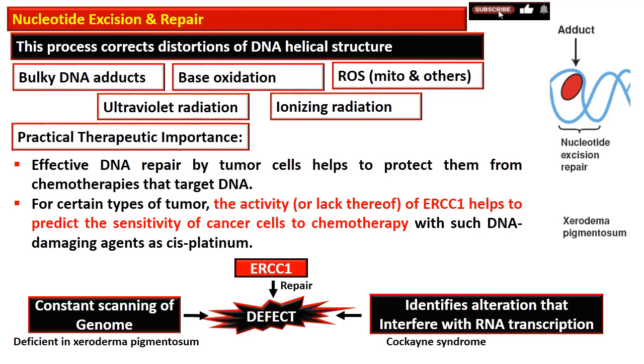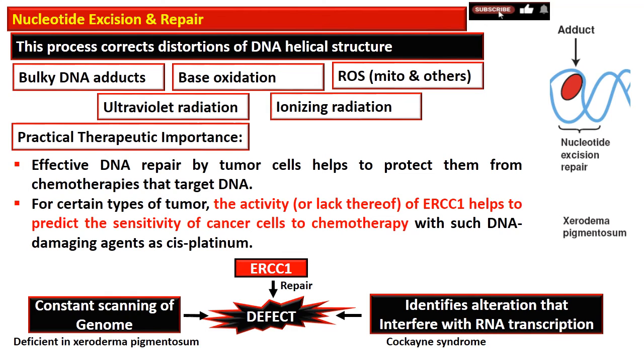This enzyme is very important and has practical therapeutic importance, because as we already know, tumor cells tend to repair their DNA to protect themselves from chemotherapeutic agents that target the tumor cell DNA.